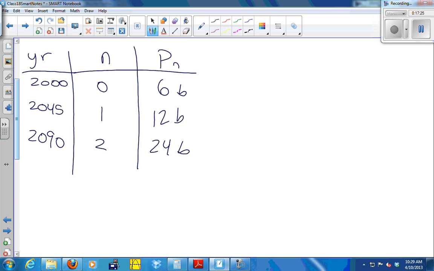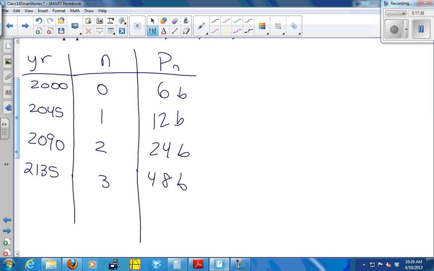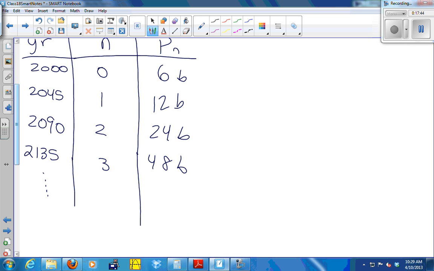My next doubling is going to be at 2135, which would be 48 billion. So to get to 2450, I'm going to have to put a lot of entries in this table. Or I could think about how many entries I'm going to have to put in to get to 2450.